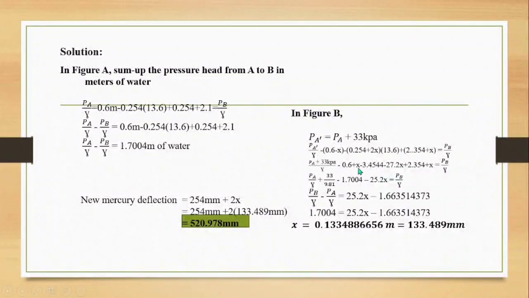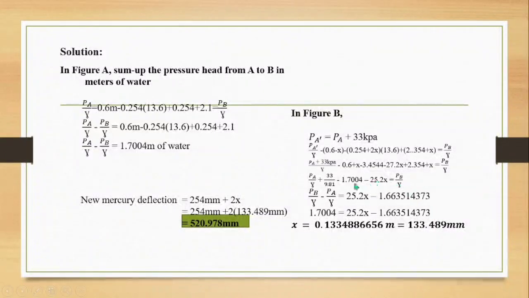Earlier we got 3.4544 by multiplying 0.254 by 13.6, so this 27.2x is constant, plus 2.354 plus x. So PA over specific weight plus 33 over 9.81 minus 1.7004 minus 25.2x equals PB over specific weight.